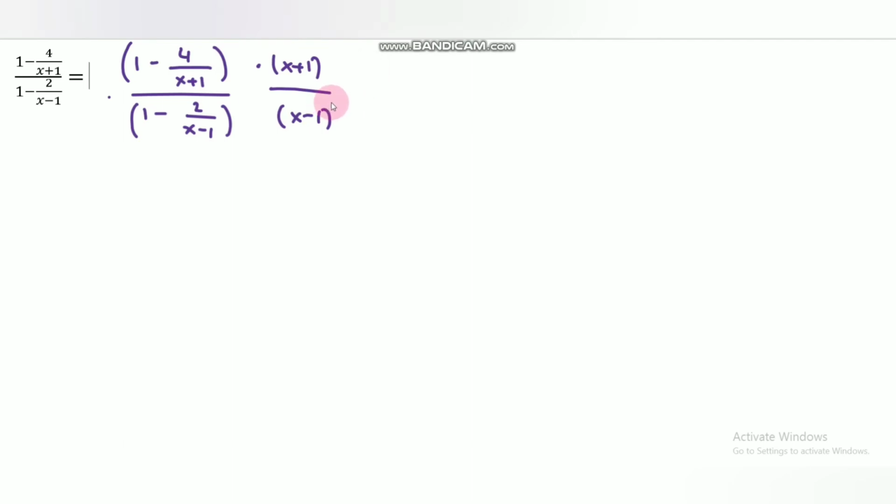That's why we can only multiply it by x plus 1 over x plus 1. But see, if I multiply x plus 1 to the numerator, yes, it will eliminate this one. But if I multiply x plus 1 into the denominator, it won't eliminate x minus 1, right? It won't cancel it. You won't get rid of the fraction there.